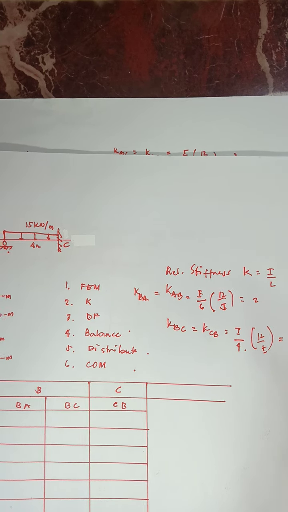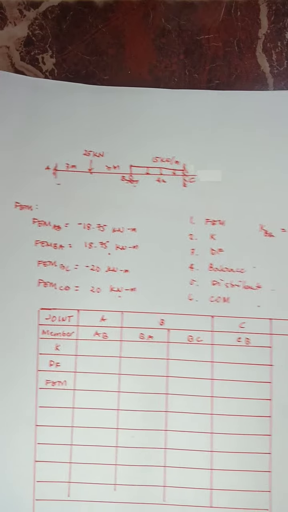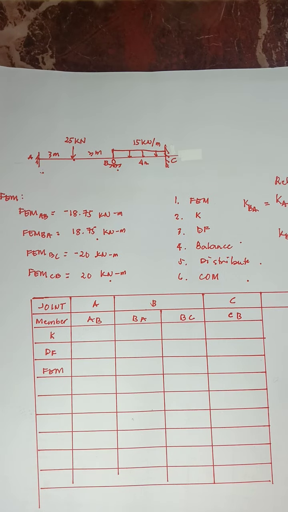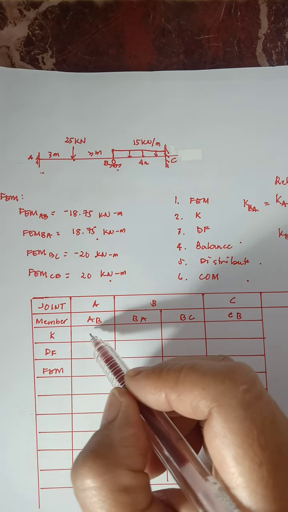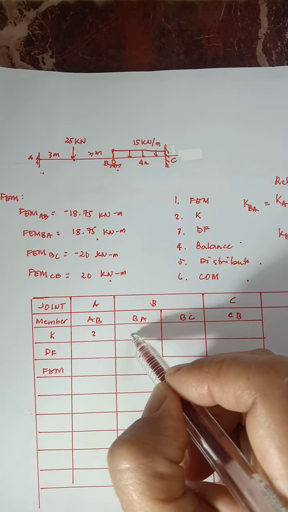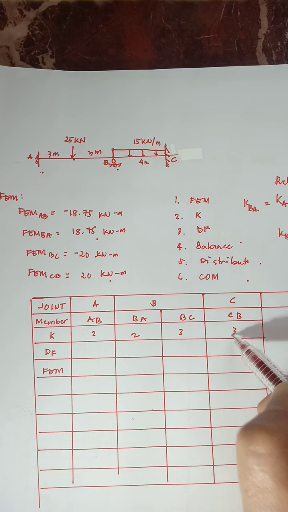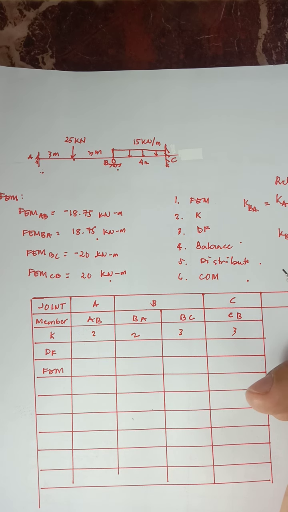Okay, so we have here a table so that we won't have difficulty with balance, distribute, and carry over. Okay, so for KAB equal to KBA, our K is 2 and 2, and then for KBC we have 3 and 3. So the distribution factor is equal to K over summation of K, no?